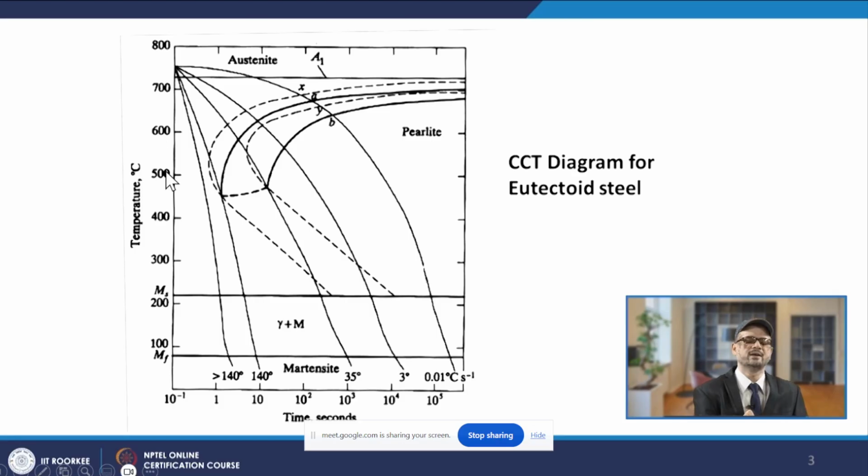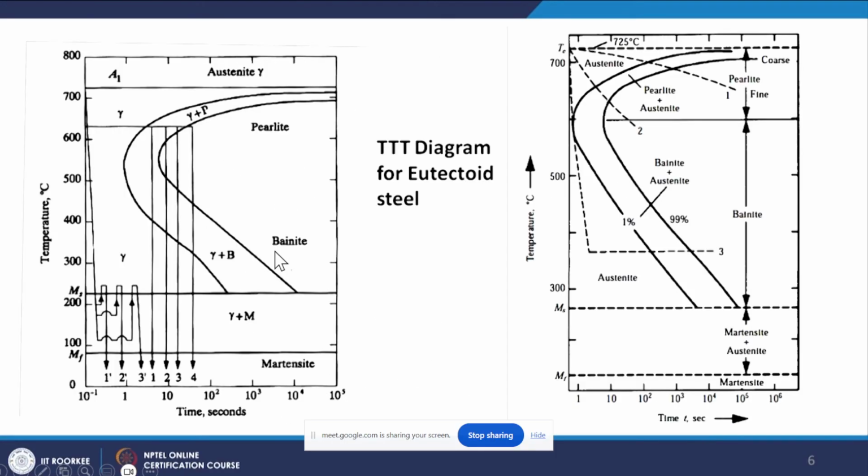Where is A3? Just show me in the phase diagram, sir. It is in the gamma phase from 900 degrees, cooling down to the 0.8 percentage eutectoid point. That is mentioned as A3 in the phase diagram. Okay, I'm not sure about it.